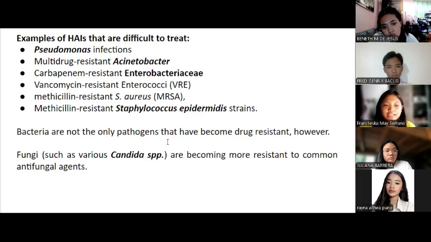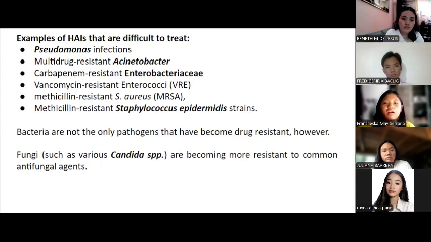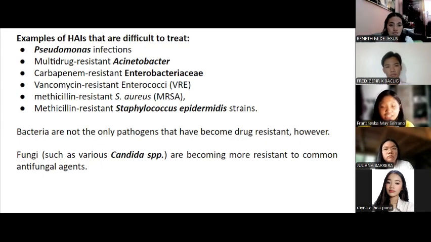And then lastly is methicillin-resistant Staphylococcus epidermidis strains. Ang Staphylococcus epidermidis are usually found in the skin, and like the enterococci, they do not pose a health threat or problems unless it enters the body, especially in people with medical devices, such as catheters.